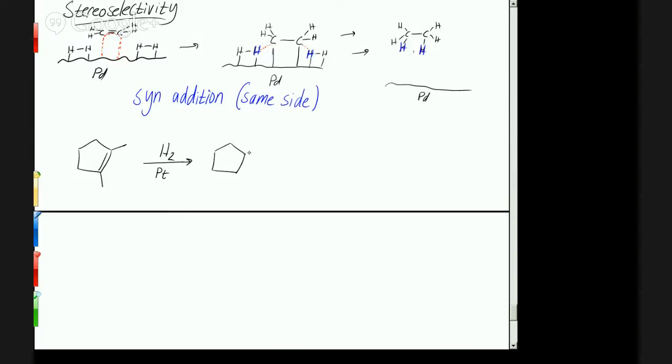Which one? We're only going to form one stereoisomer. Which stereoisomer do we form? Yeah, so the hydrogens being on either the wedges or the dashes, which in this case is the same compound. So there's our methyl groups.